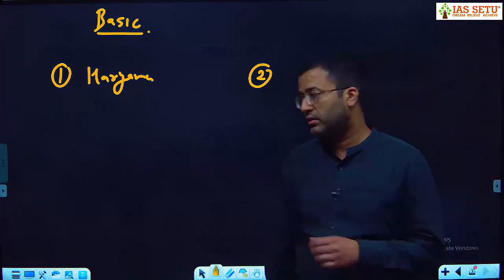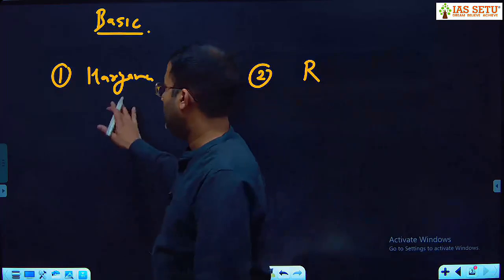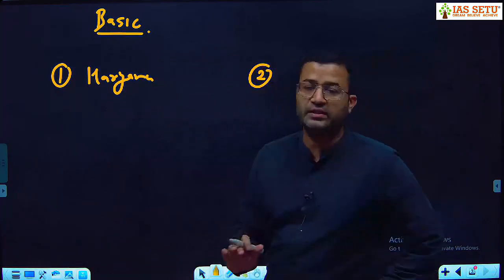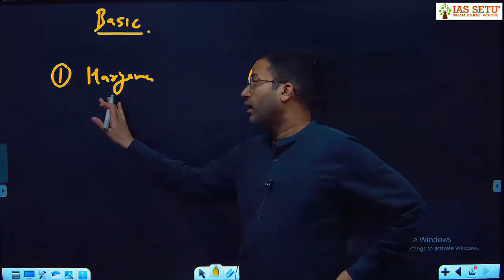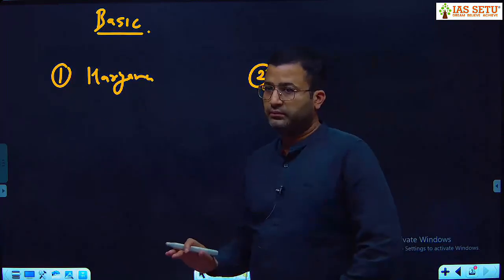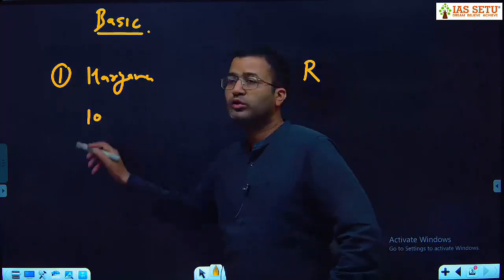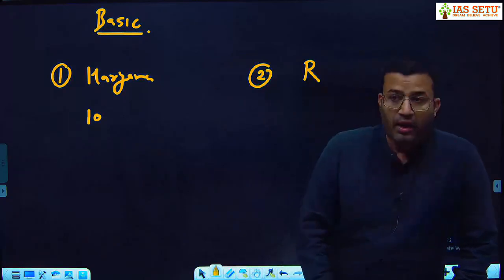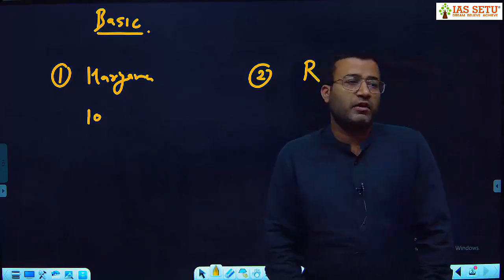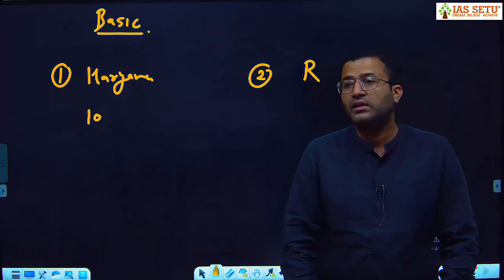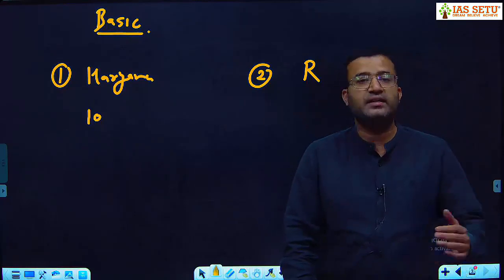See here, in Haryana we have a low sex ratio. For example, there are 10 boys. Have you heard about सामूहिक विवाह? ठीक है, सामूहिक विवाह doesn't mean कि एक की कईयों से शादी होती है.